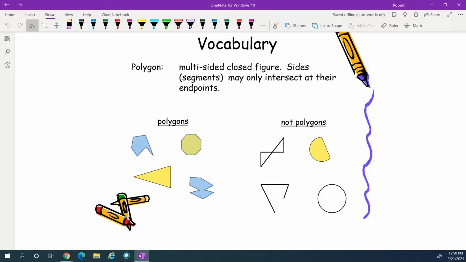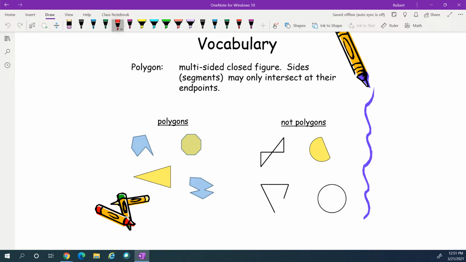So we have a couple examples of what makes a polygon and other examples that are not polygons. Notice the circle and even the shape that is part of a circle. They do not fit the definition of a polygon because they are not made of only segments, and specifically segments that meet at their endpoints.